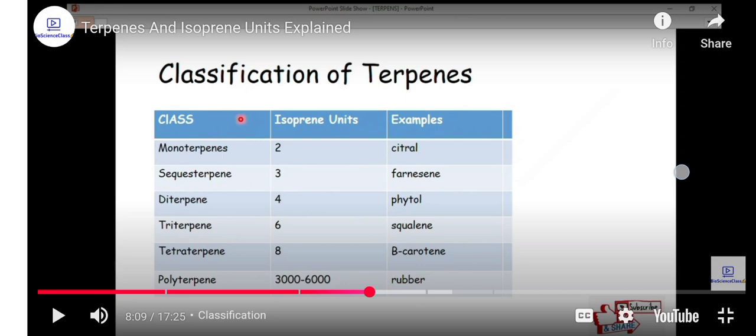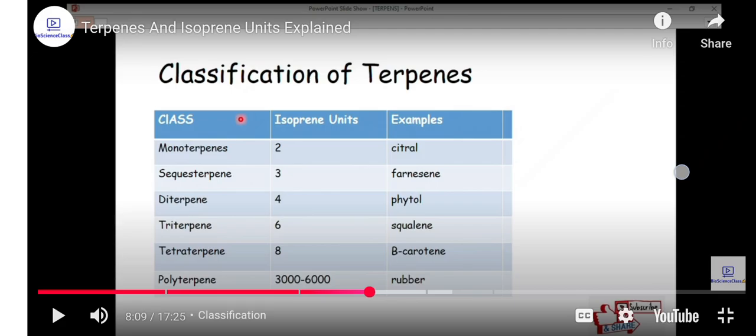Okay, let's see, monoterpenes will be having isoprene like 2. I am expecting how they are chemically and structurally formed. Sesquiterpene is having 3, diterpene is having 4.